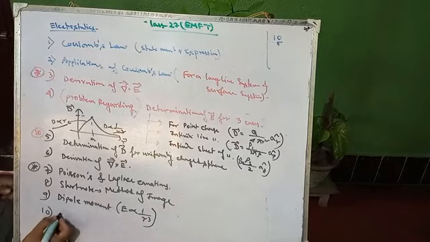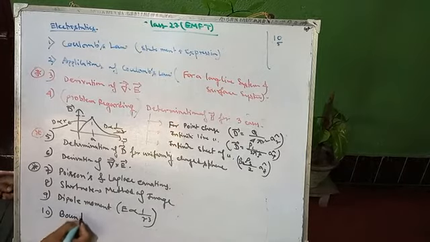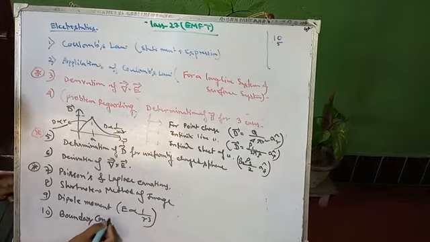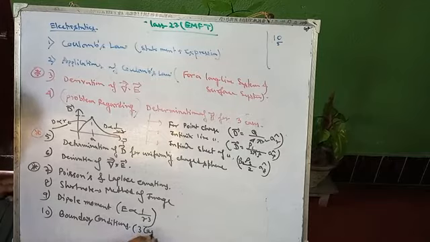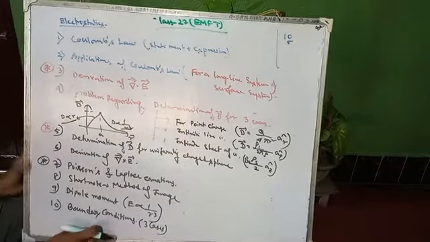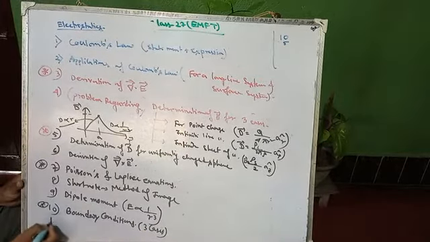And the boundary condition. There are 3 boundary conditions, right? 3 cases. So please practice all 3 cases. It is VBI. And last one, uniqueness theorem.